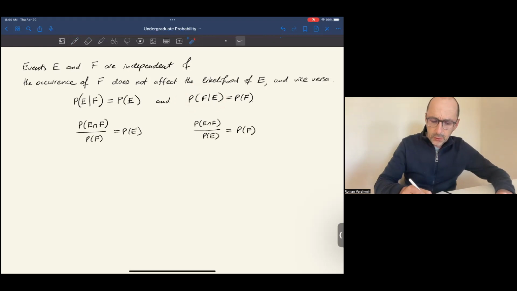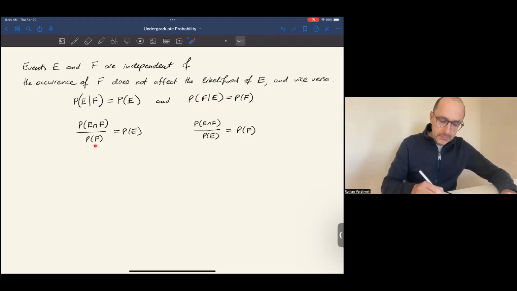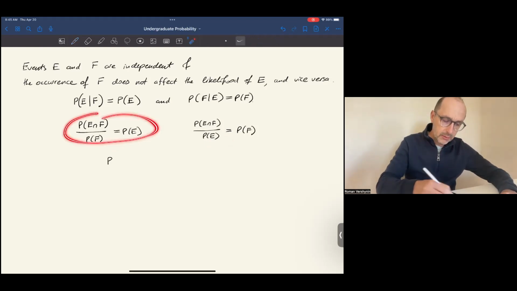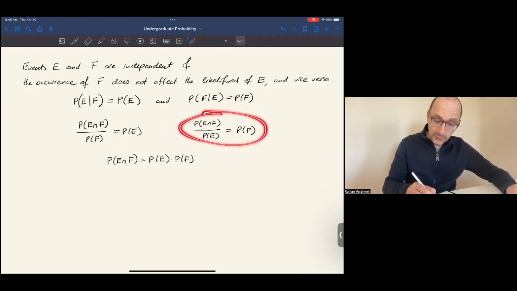Notice that formally I should have written probability of F intersection E, but intersection is symmetric. If we multiply both sides of this equation by P of F, and both sides of this equation by P of E, this equation becomes P of E intersection F equals P of E times P of F. And this equation also becomes that.